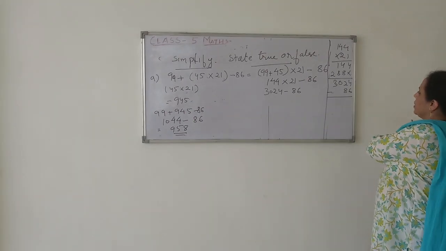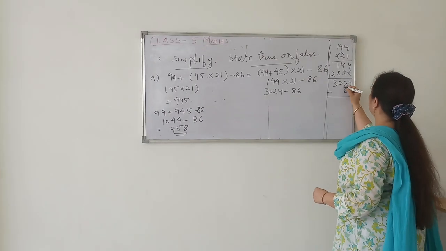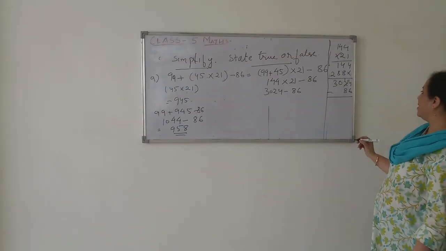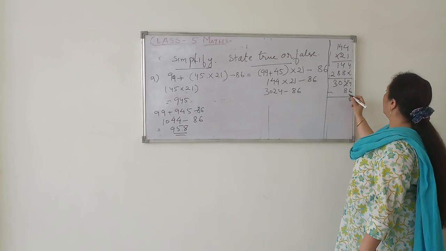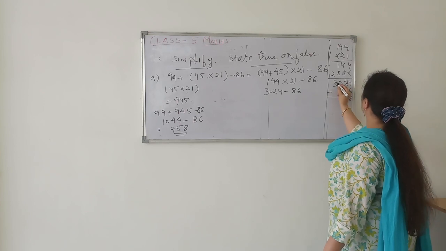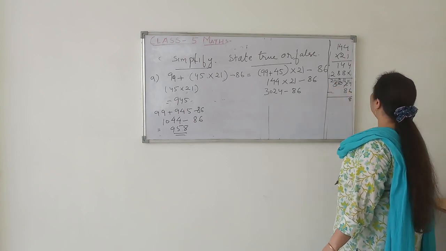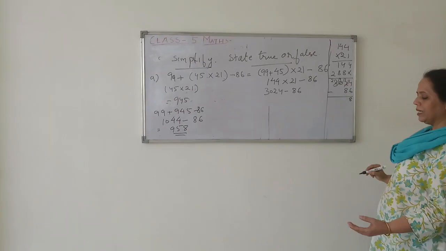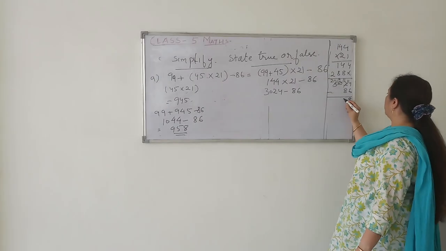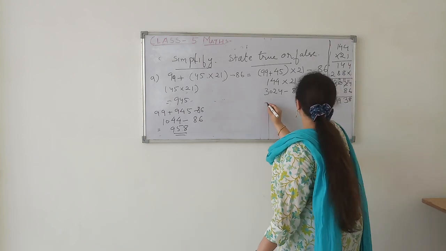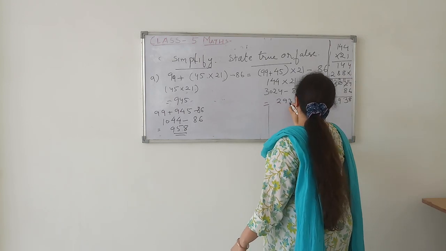We cannot subtract, so we will take 1 here. It will become 14. 14 minus 6 is 8. And this will become 1, this will become 10, this will become 9 and this will become 11. 11 minus 8 is 3. And this will become 9 and 2. We will be getting 2938.